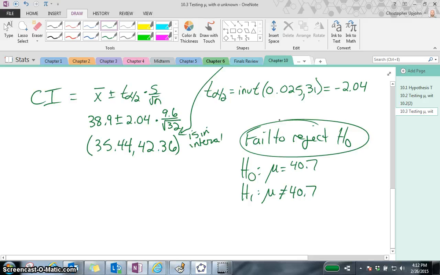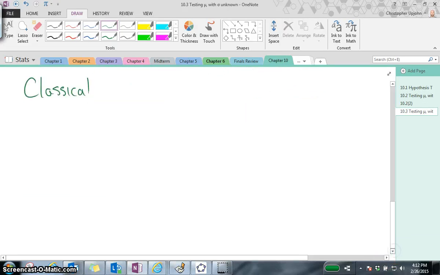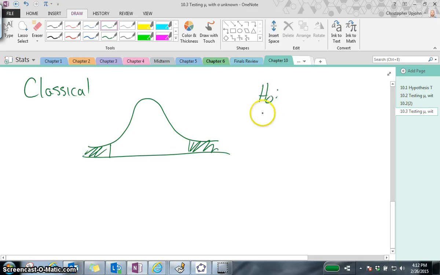Now, let's look at our classical method. So we want our diagram here. It's filled in, and mu is equal to 40.7 in the null and not equal in the alternate hypothesis. We need to find our two critical values. Well, we've already done that.